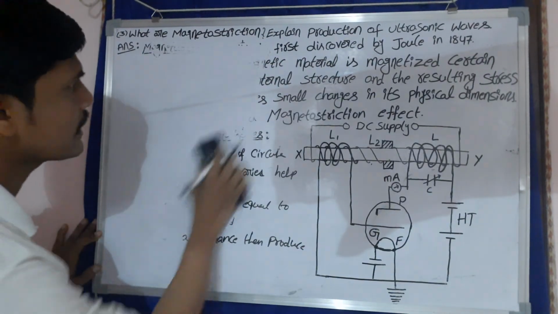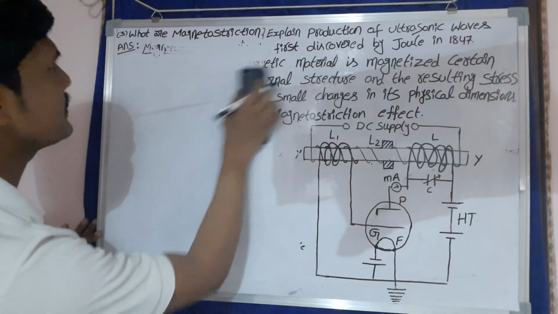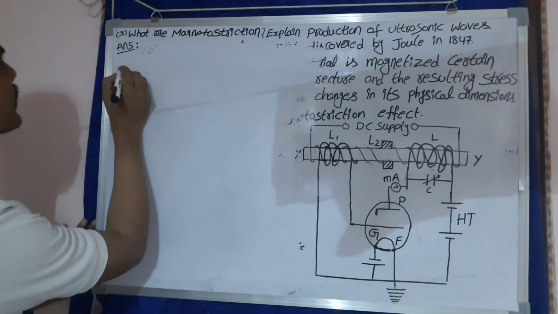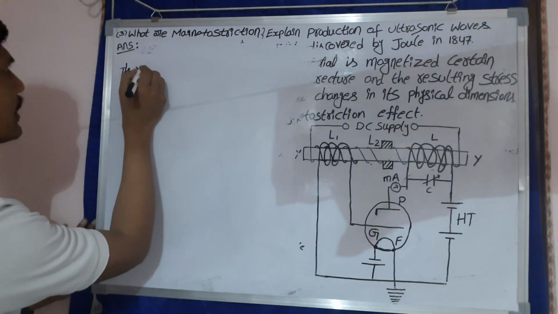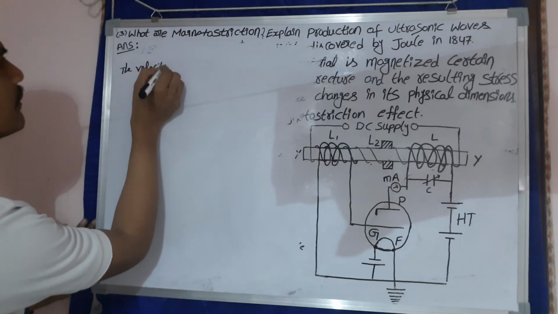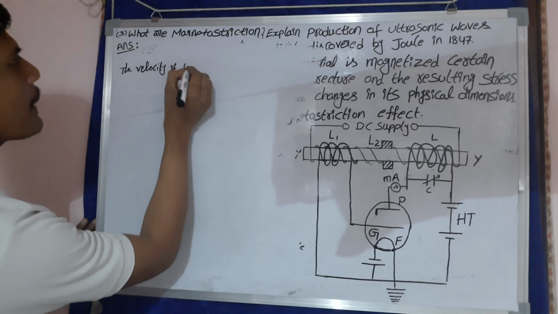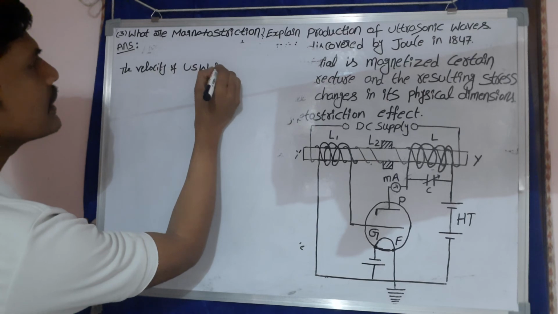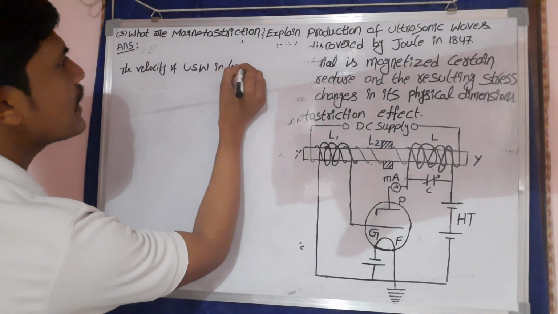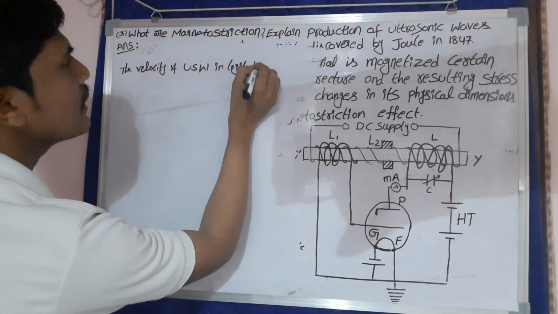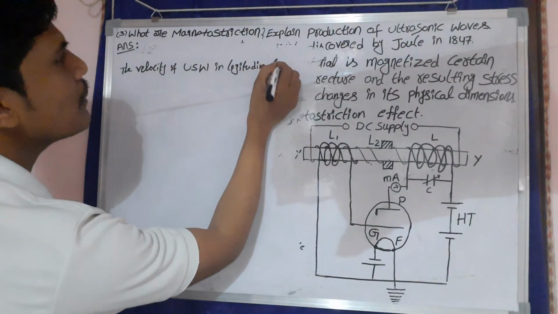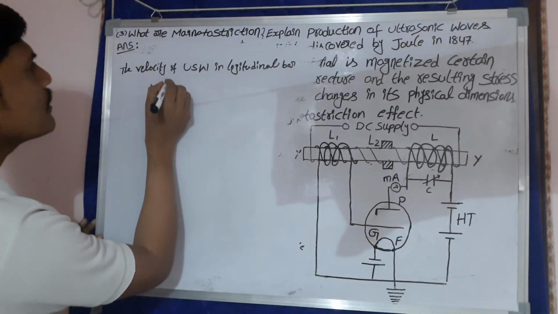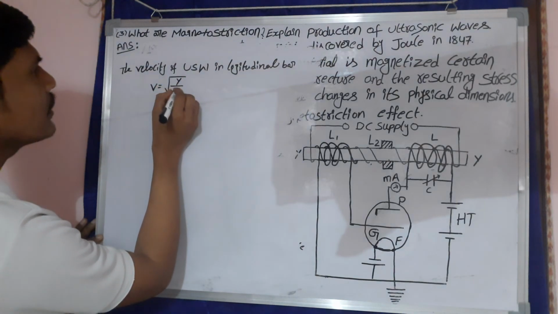Next, the velocity of ultrasonic waves in a longitudinal bar: V equals root over Y by rho.